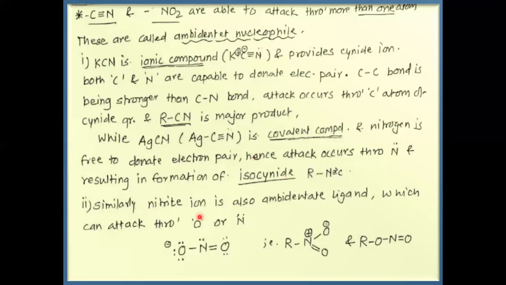Similarly, nitrite ion is also an ambidentate nucleophile which can attack through oxygen or nitrogen. Oxygen has an electron pair, nitrogen has an electron pair. If attack takes place through oxygen, then alkyl nitrite forms, and if attack takes place through nitrogen, then nitroalkane forms.